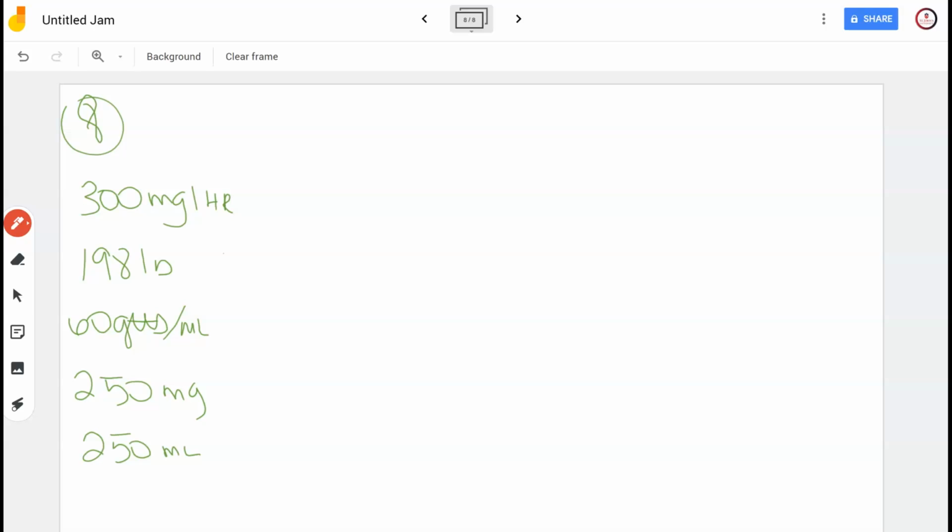First things first, no one cares how much this guy weighs. Second, you can find out your dose on hand. Super easy, right? Because you're putting 250 milligrams in a 250 milliliter bag, which means that your dose on hand is 1 milligram per milliliter.